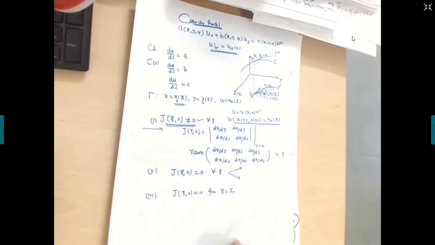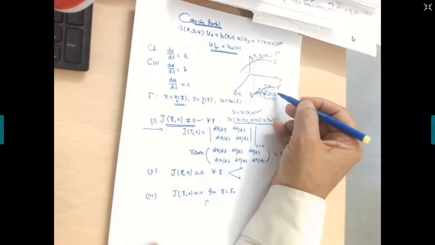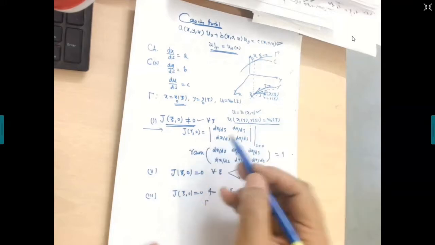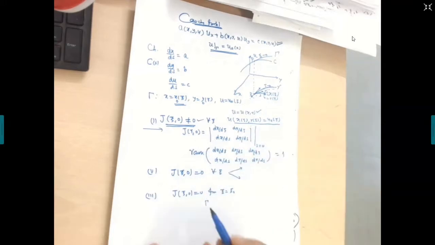Then, what was the assertion? What was the statement made? Then you have to look for the space curve. If you see, when you say J equal to 0 or not equal to 0, it refers to this base curve, isn't it? So now we have to look for gamma.